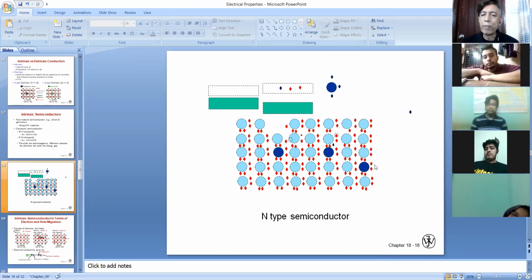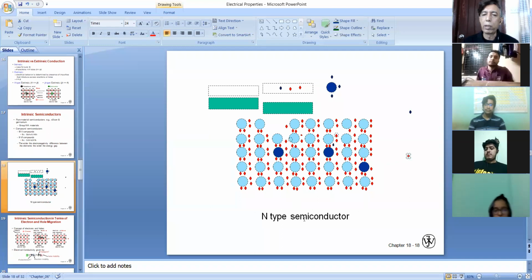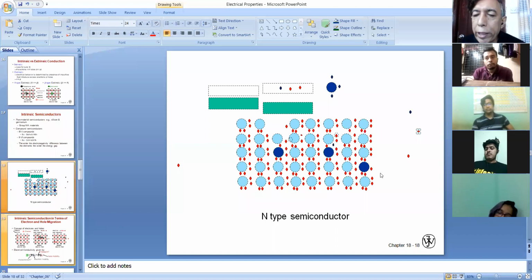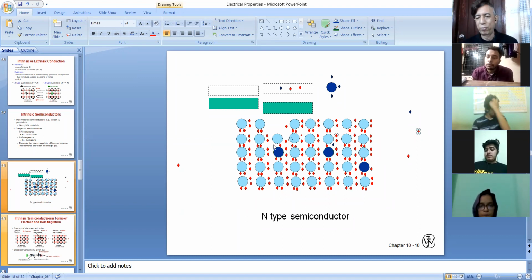So say, for example, this electron is missing, this electron is missing, and this electron is missing. So you will find a hole here, a hole here, and a hole here. 1 electron less.